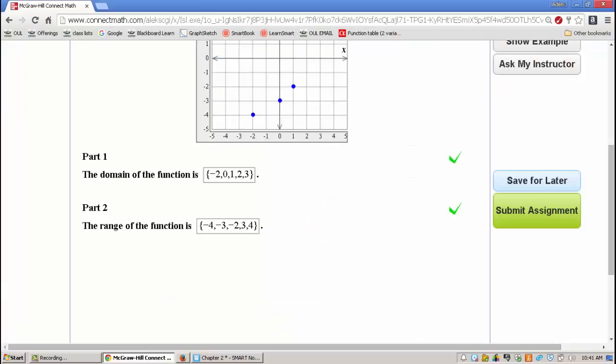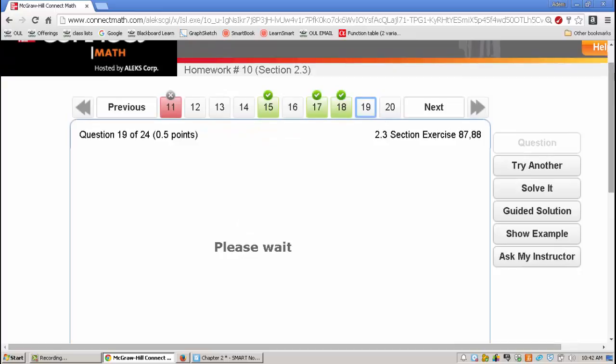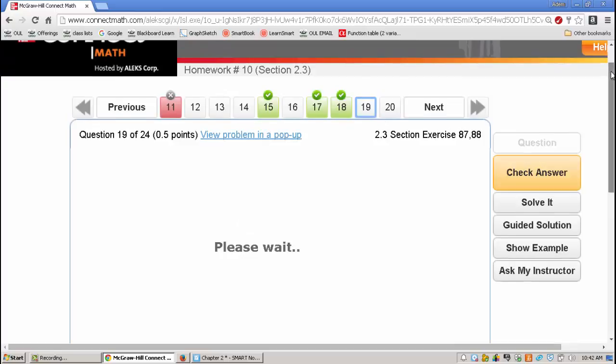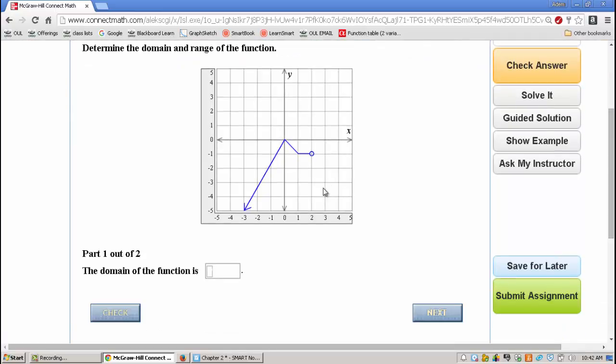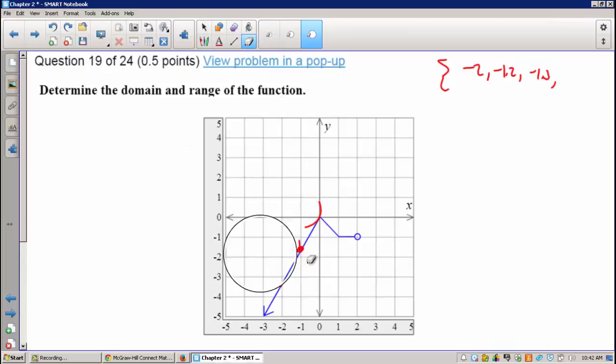When you look at the statement of part 1, it's telling you what form of answer you should be entering here. No, it doesn't. Well, because you have only one way you can do this, in interval notation.